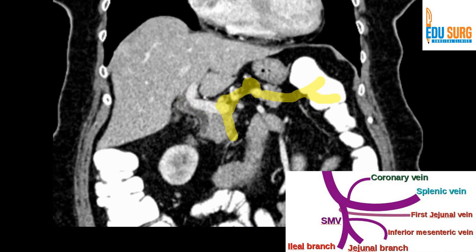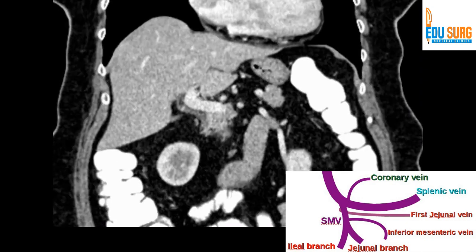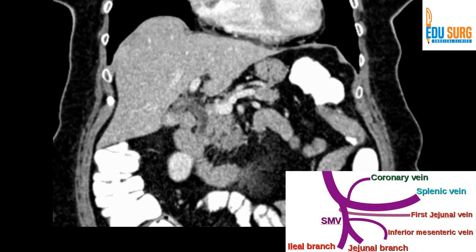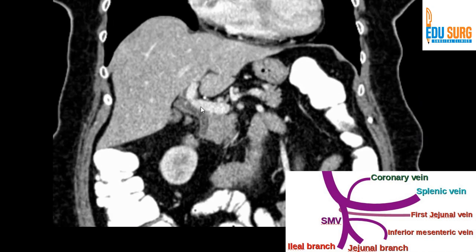This is the portal vein. So let me remove all the markings and show it to you again. This is the splenic vein joining the superior mesenteric vein, right? And there they form the portal vein. Okay, this is the portal vein.